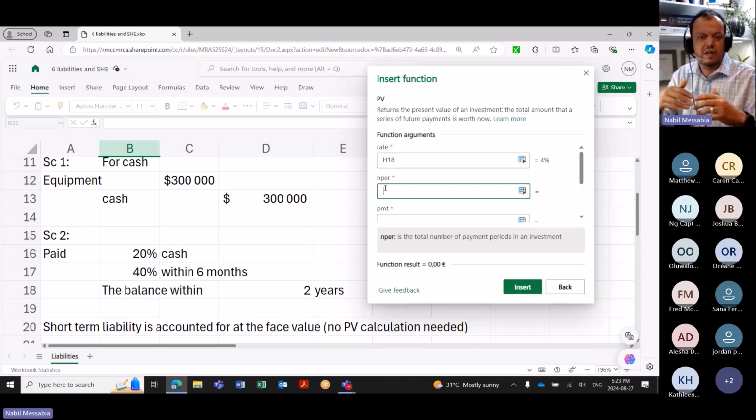So if we say that the discount rate is 4%, that simply means 4% per year. If it was intended to be per month, they will tell you 0.5% per month. Because we have a yearly rate of 4% and a period of 2 years, n equals 2.